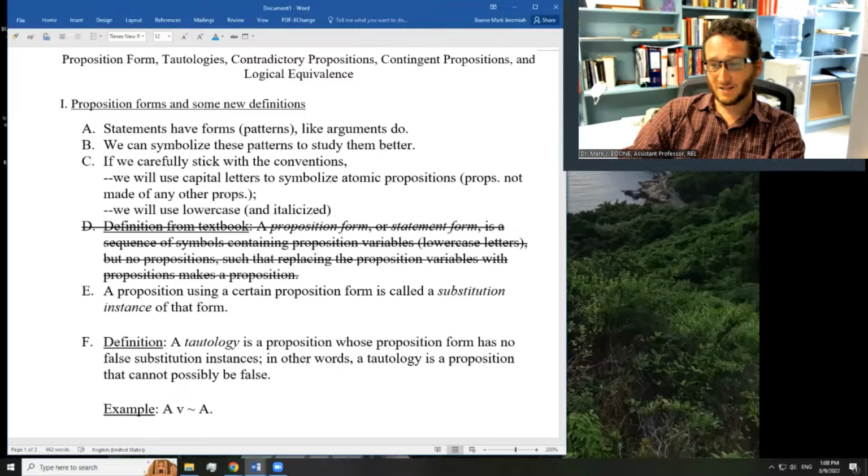We will use lowercase and italicized letters to symbolize lots of propositions.